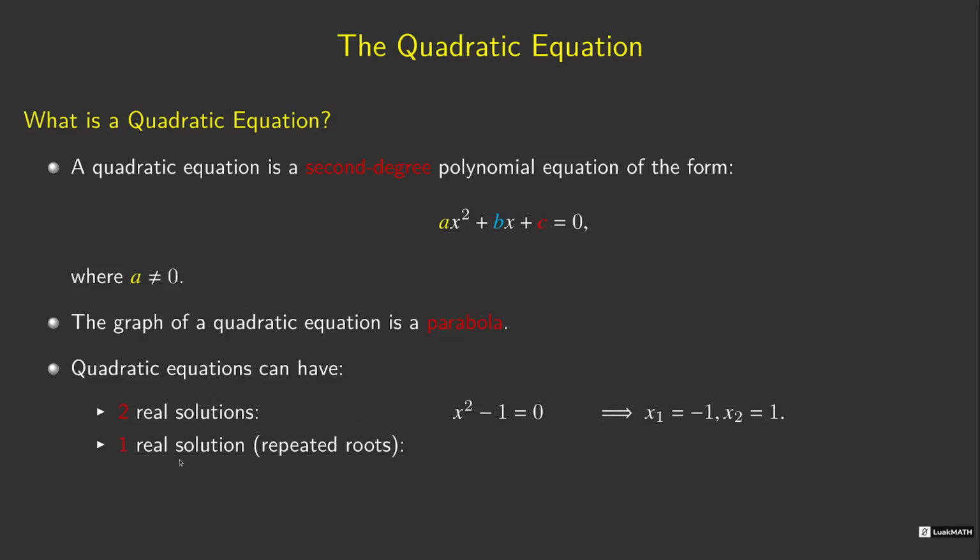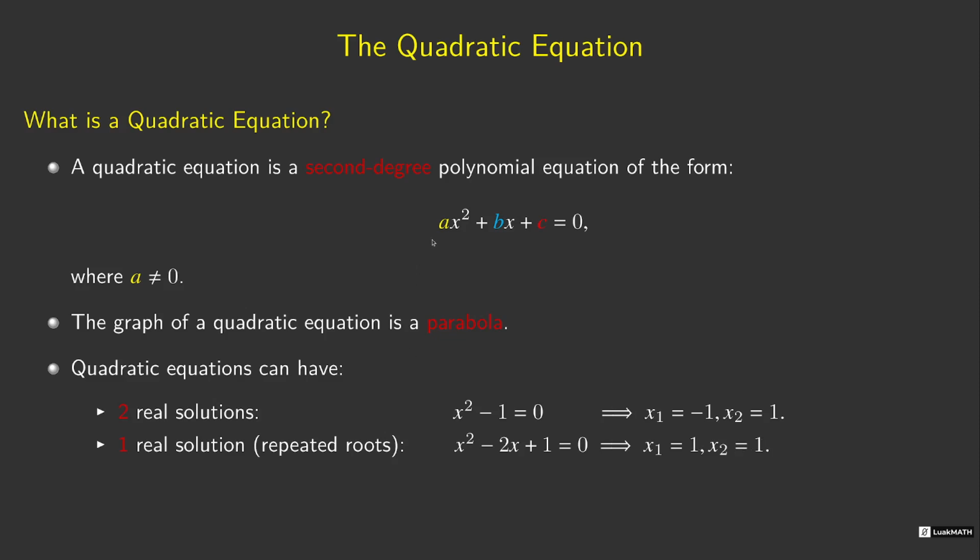We can also have one real solution, which is usually a repeated root. Here the solutions were distinct, but we can also have solutions that are repeated, and we call that one real solution. For example, take the equation x squared minus 2x plus 1 equals 0. If we solve this equation, we find that x1 equals 1 and x2 equals 1.